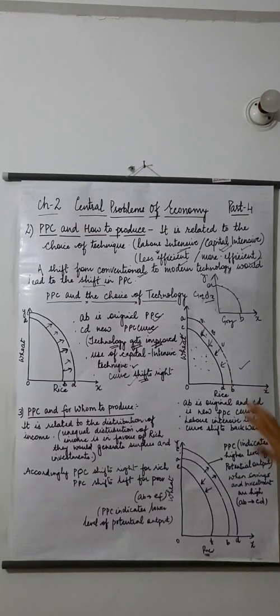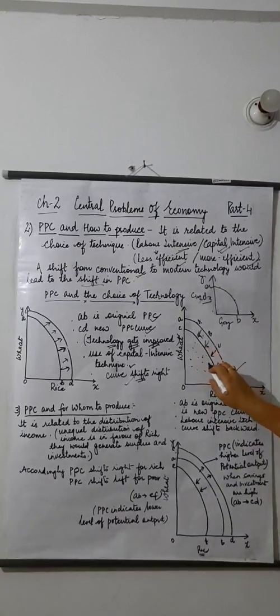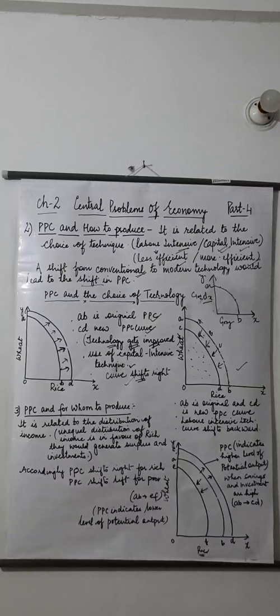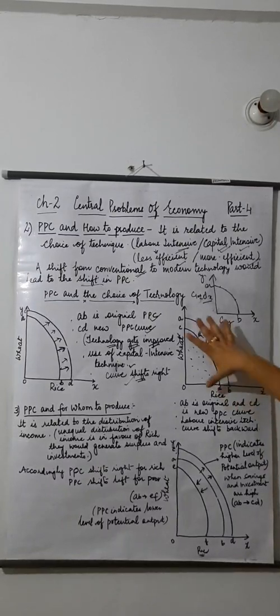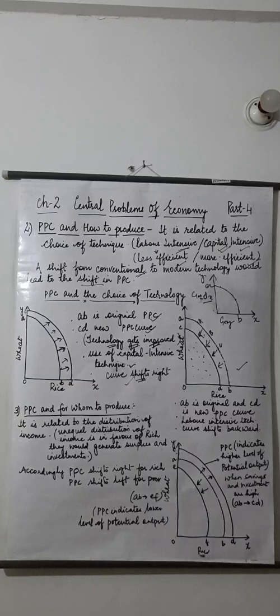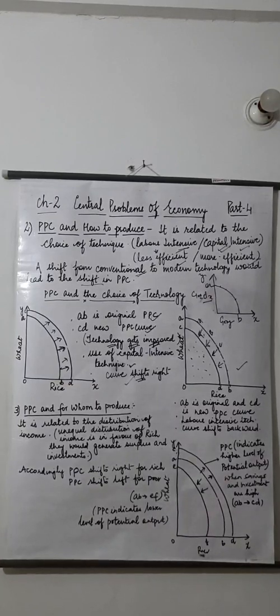If you remember, I have also explained that whatever points are inside the curve, they are underutilized somewhere. So when the curve is also backward, it means that the resources are left behind to be utilized more, or they are not being properly utilized. We are not getting the potential output.